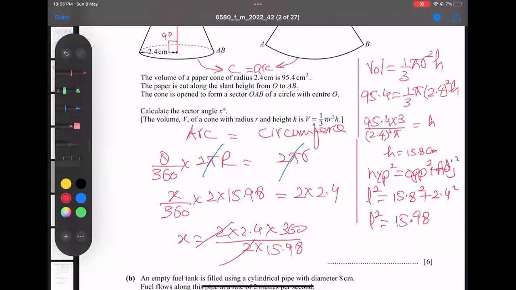We are getting 54.06, which rounds to 54.1 degrees.